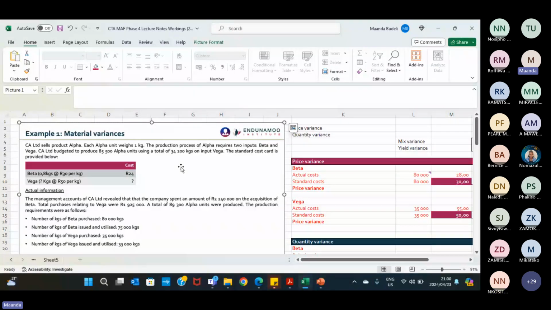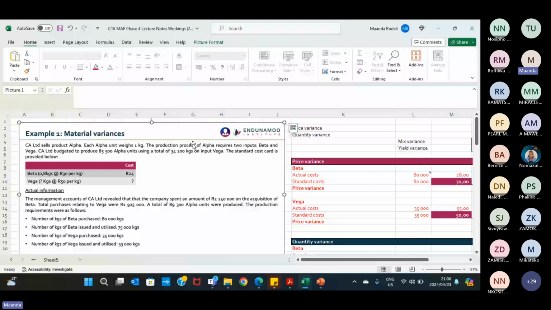I still need to say, if from these 85 units I need 34 kgs of Vega for all these units, then I can determine for 1 unit how many kgs of Vega I need. So I still need to do this calculation, and this reading needed to prompt you.